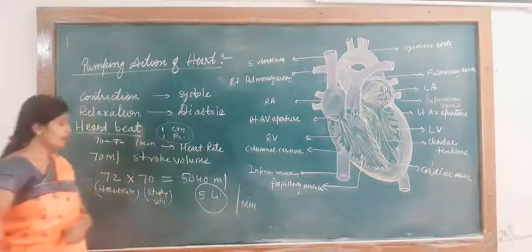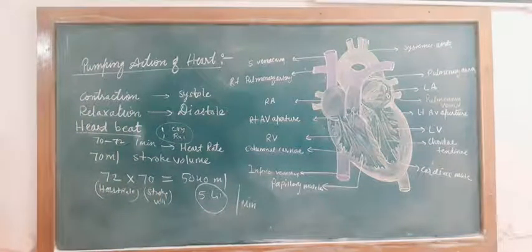In one minute, 5 liters of blood is pumped by our heart. This is called cardiac output.